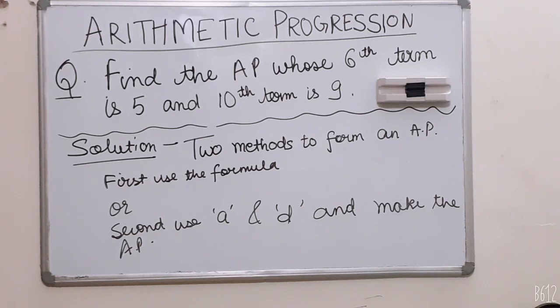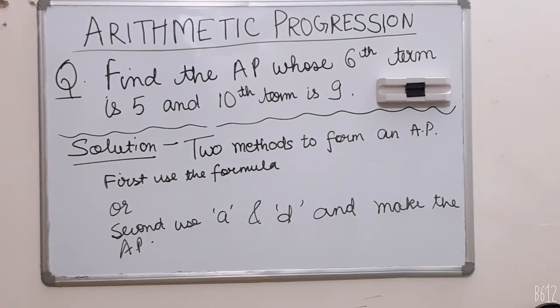Or we can use the second method, which is to directly put the first value a0, then increase it by d, and we can form the AP with that also. But I will prefer to use the first method in big APs and the second method in small APs. It will be easier for you all to use them distinctively.